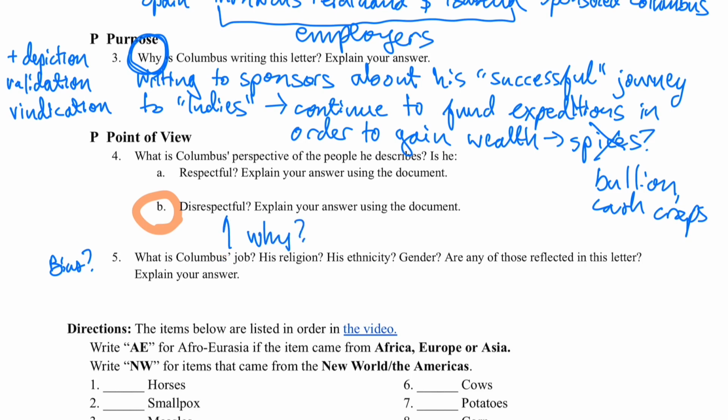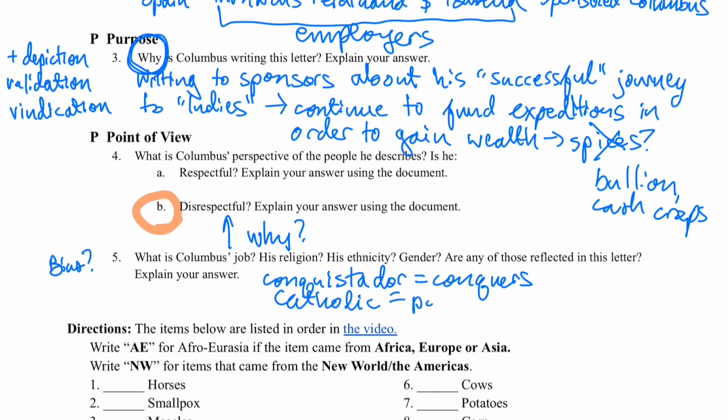Now we need to apply what about Columbus lends itself to him viewing them in a disrespectful way. For his job, we listed that he was an explorer and a conqueror. His religion, Catholic. His ethnicity, European. These are the characteristics of his point of view that are probably going to be most reflected in the letter.